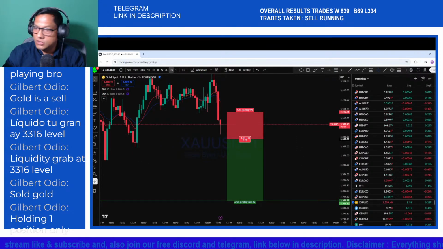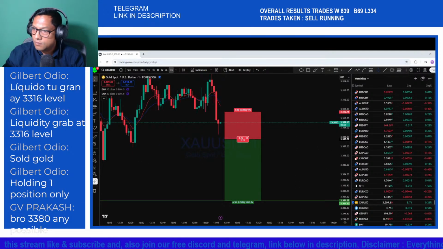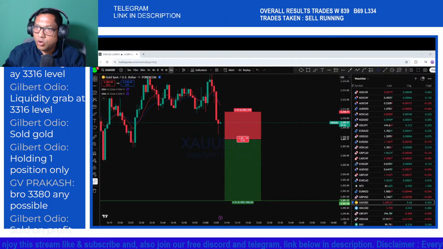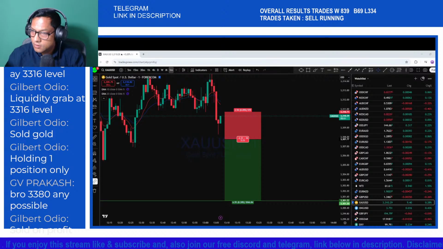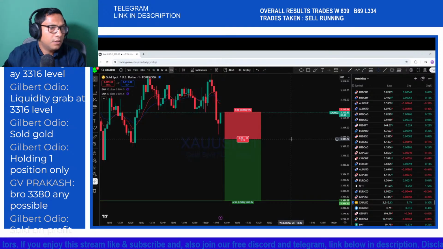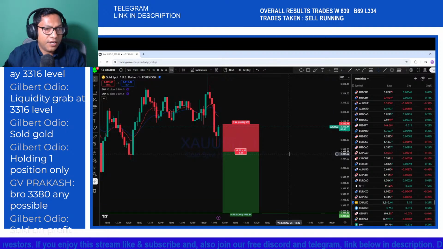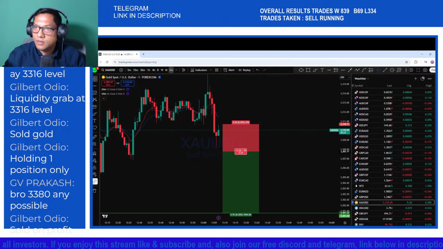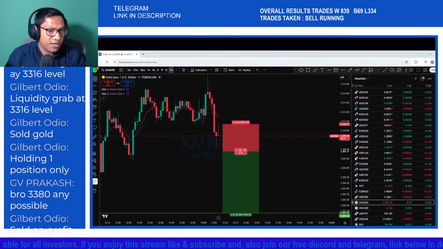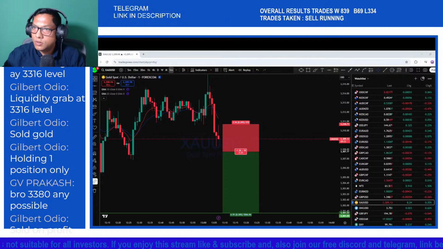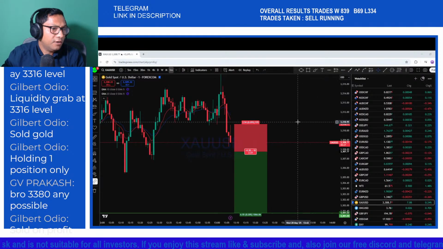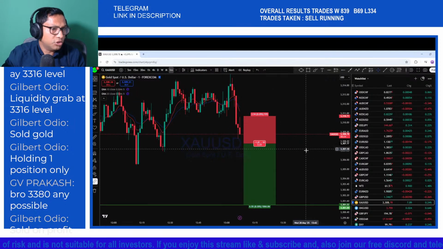So again, sell stop at 3307.77, stop above this high at 3310.47 with a very small risk, and TP target at 3301.22. Place the sell stop here for this potential drop.